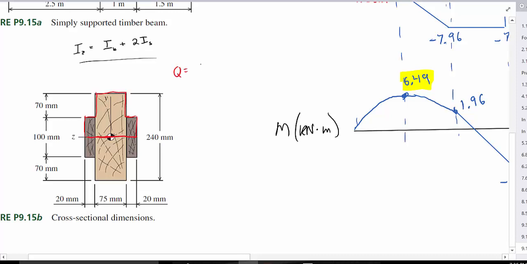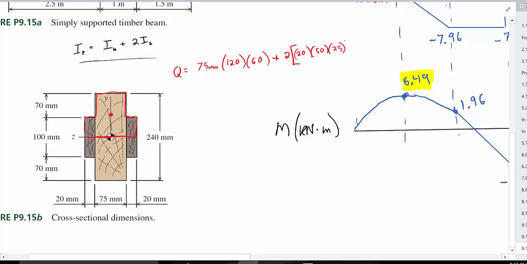So Q will equal 75 millimeters multiplied by 120 millimeters, because that's 240 divided by 2, multiplied by 60 millimeters, because that's the Y bar of this main piece, and then add 2 multiplied by 20 millimeters multiplied by 50, which is half of 100, and then the Y bar would be 25.